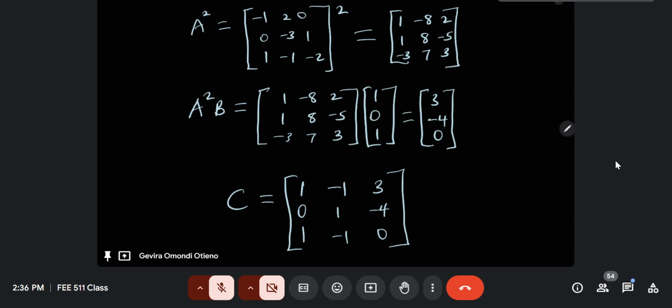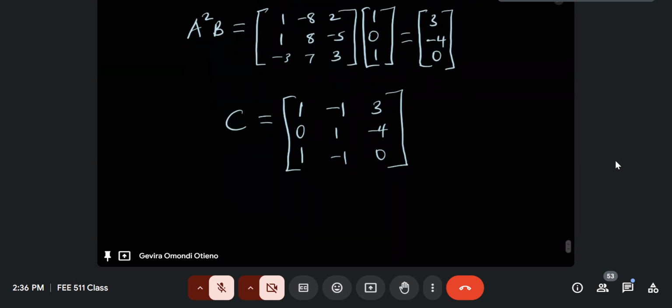So now you would ask yourself, how then do we determine whether the rank is 3? Of course, you can see that the controllability matrix in itself is a 3 by 3 matrix.